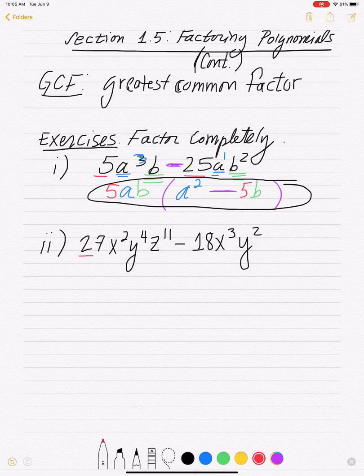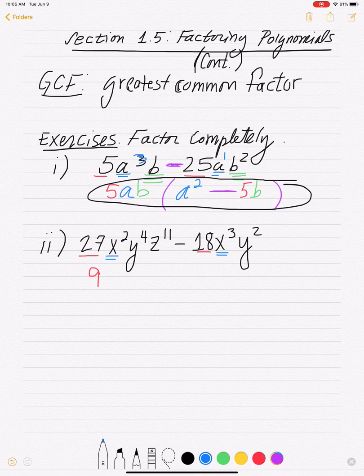So focus on the coefficients, the numbers. Can you divide anything out of 27 and 18? Yeah. You want to pick the largest number. What's the largest number that can be divided between 27 and 18? How about 9? How about the x's now? They both have x terms in common. So remember, to find the greatest common factor for variable terms, you have to take the minimal power.